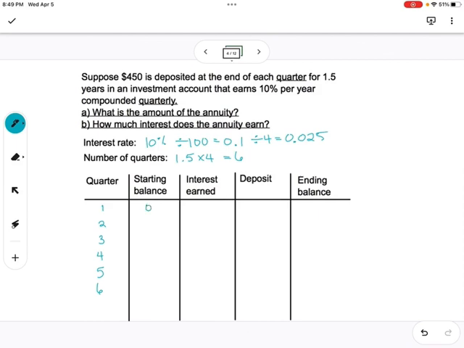When we have $0, we can't earn any interest on that, so that's going to be 0. And then there's $450 deposited. So at the end of the first quarter, we have $450, which is brought into the start of the second quarter.